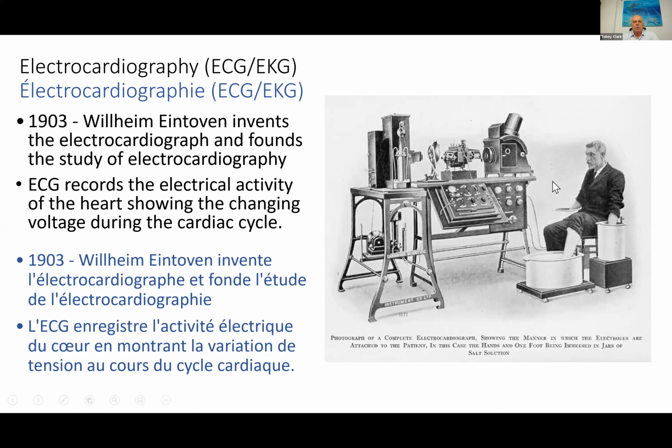And from that, he won the Nobel Prize, which is a major prize for scientists. So the electrocardiograph, ECG, sometimes called the EKG, records the electrical activity of the heart. We have gone through some of this in the physiology section of this course. Over.